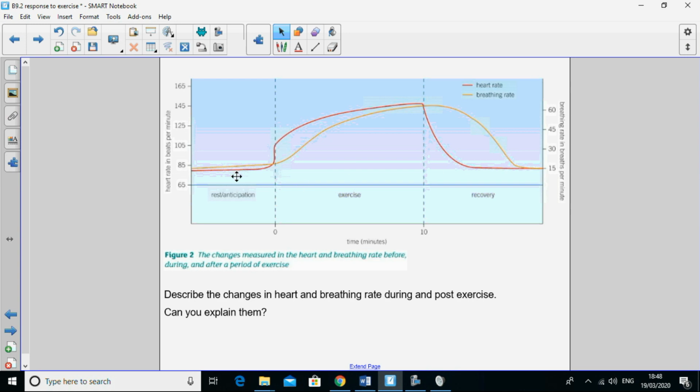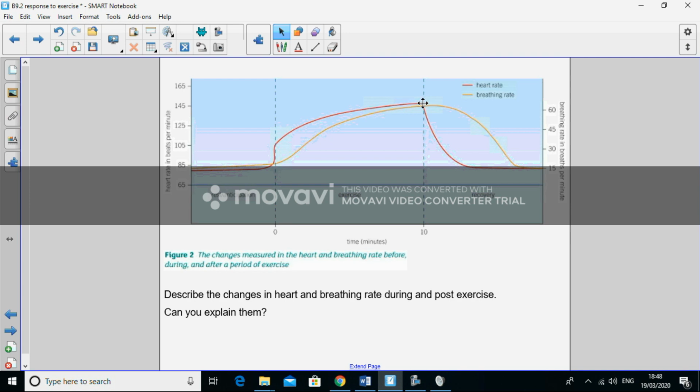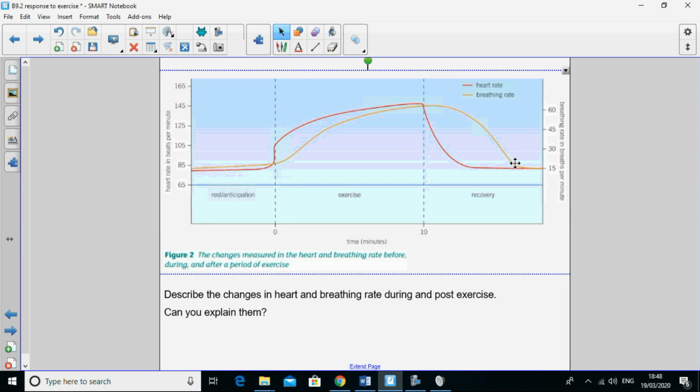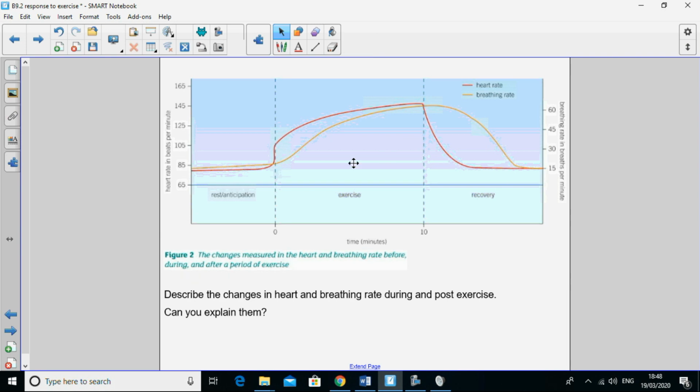Breathing rate, same kind of deal. It goes up because we need more oxygen to get into our blood, and then it drops gradually. Interestingly, it takes more time to drop than heart rate. The reason for that is going to be in the next lesson. It's all to do with you having an oxygen debt.